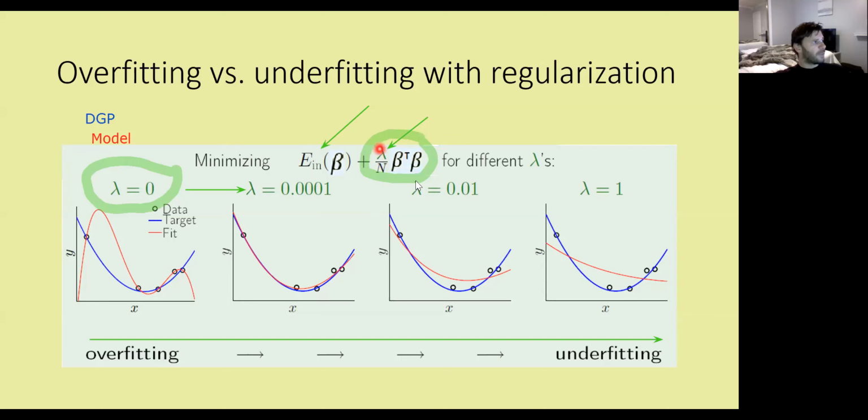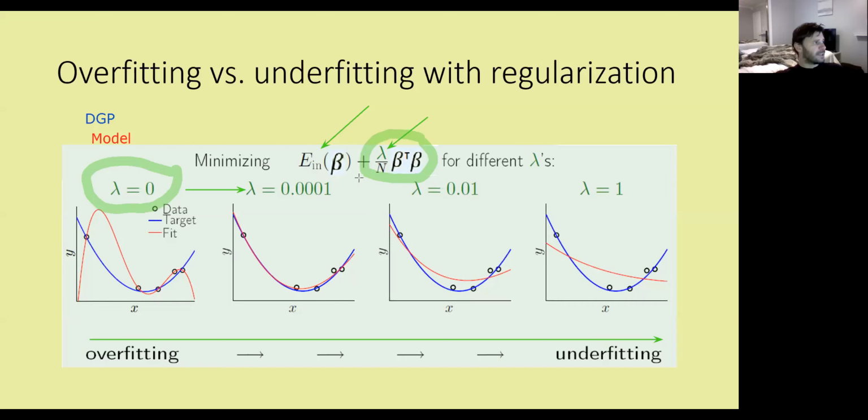It's going to have to think about shrinking the penalty term potentially at the expense of the in-sample error. So it looks like with the lambda parameter of 0.0001, we're getting a pretty reasonable prediction with respect to our model being an accurate representation of the underlying data generating process.